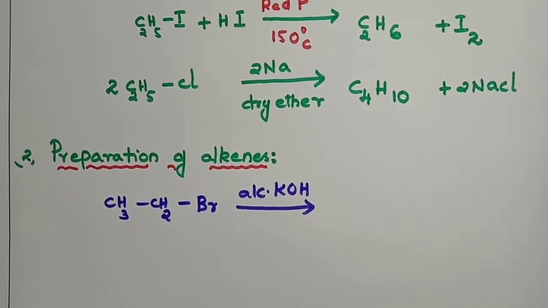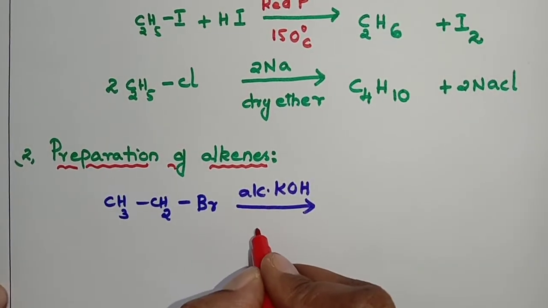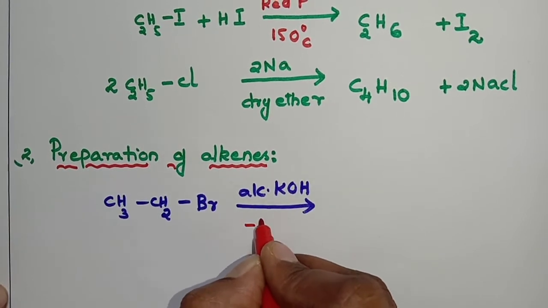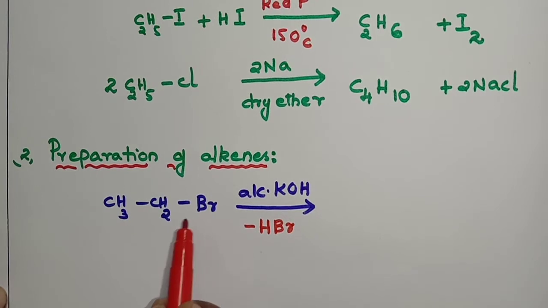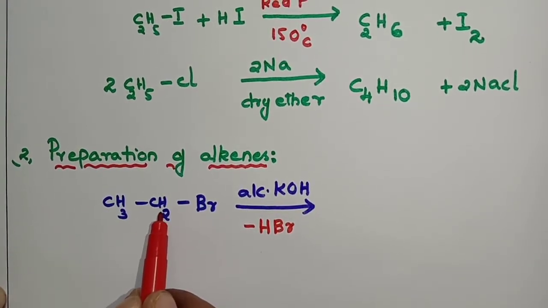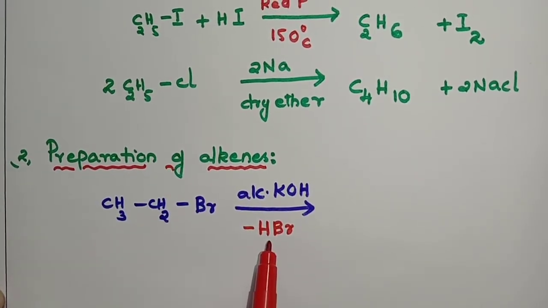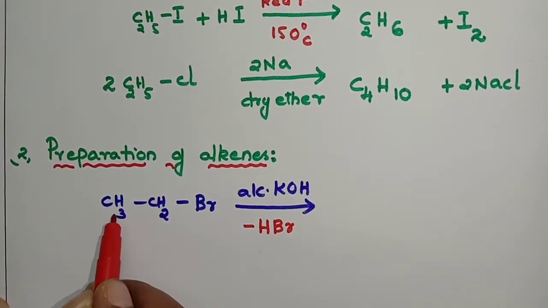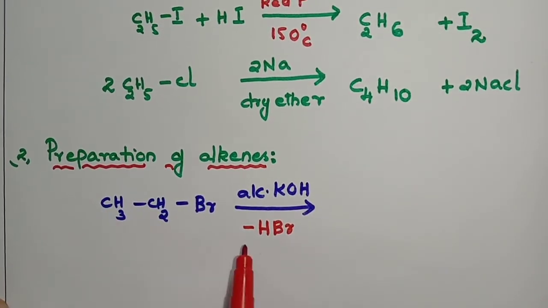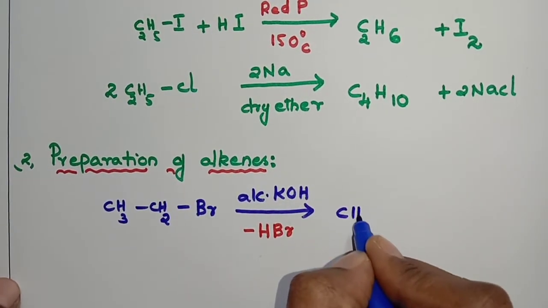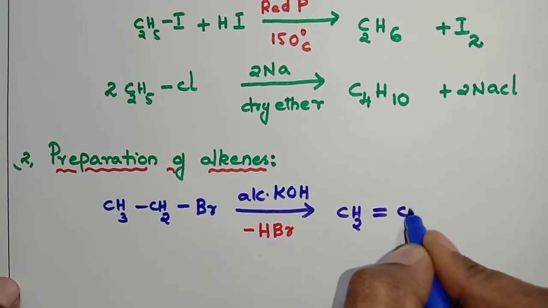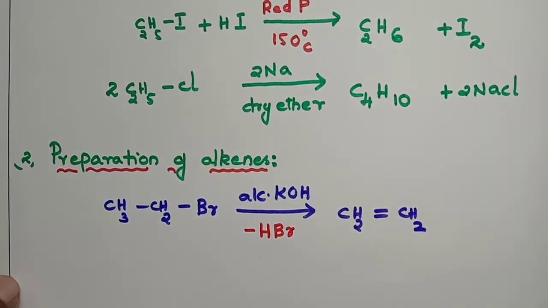What happens students? Minus HBr. So this Br and one of the hydrogens of this carbon comes out as HBr, resulting in the formation of CH2 double bond CH2. What is it called?